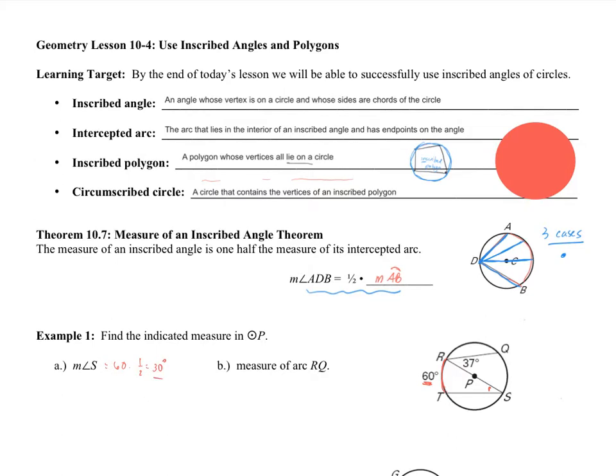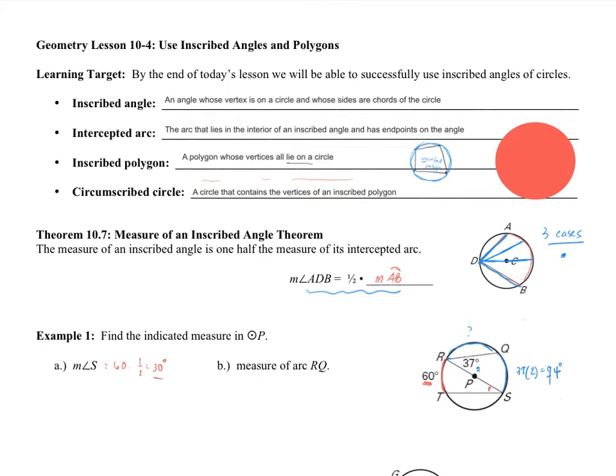So that's 30 degrees. Now we want to find the measure of arc RQ. So since we know that angle QRS is 37 degrees, then the measure of arc QS by the formula in 10.7 must be 37 times 2, which is 74 degrees.